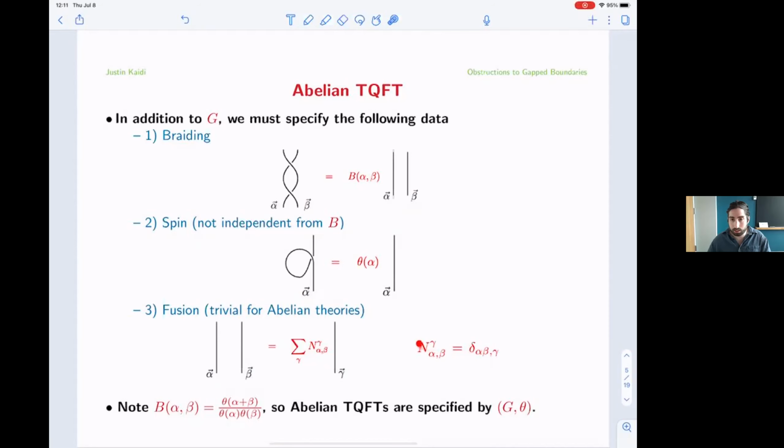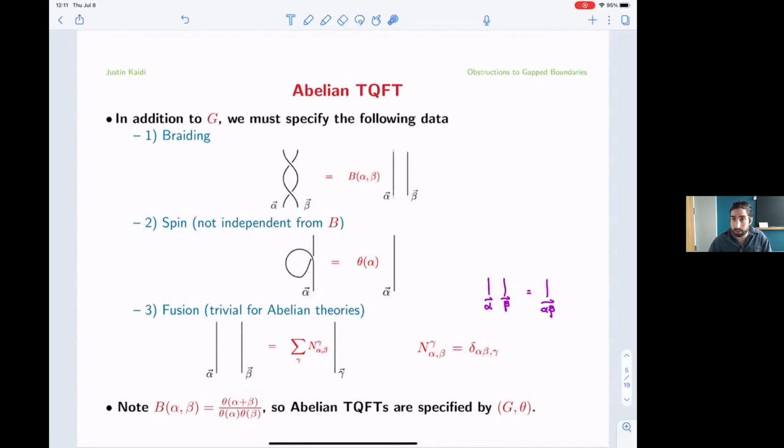Okay, so these things here are just a delta function. So maybe just to give you a picture, if I put alpha and beta on top of each other, I just get out a unique anyon, let's say alpha beta. Okay, and this means that I have the structure of a group under fusion. So in particular, all of the lines are, say, invertible.